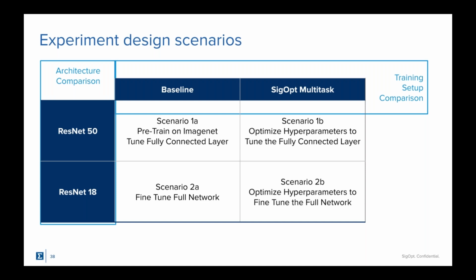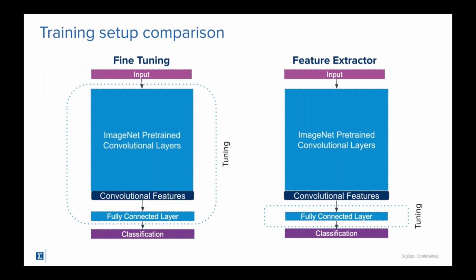And we'll compare these different scenarios against both the baseline from just taking the default hyperparameters out of the classic paper, versus doing something like multitask versus traditional Bayesian optimization versus, again, a more naive approach like hyperband or random search.